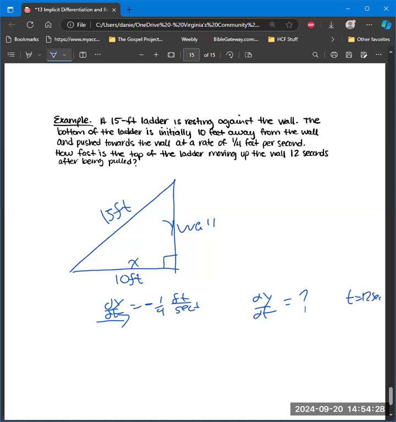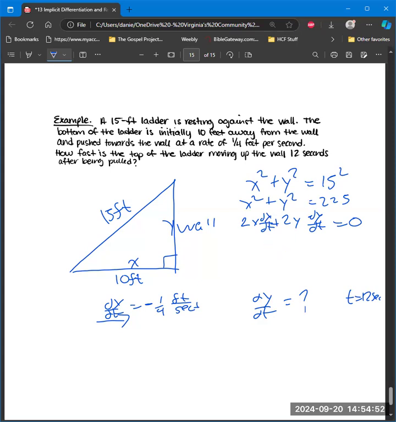So we have the Pythagorean theorem, x squared plus y squared is equal to r squared, so x squared plus y squared is equal to 225. Differentiating, 2x dx/dt plus 2y dy/dt is equal to 0.